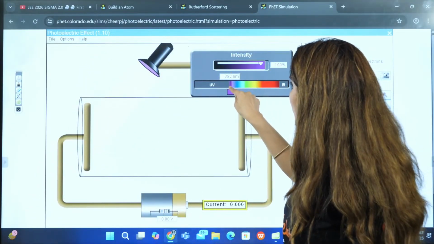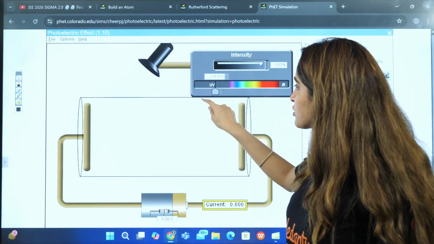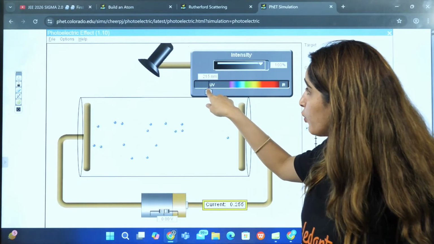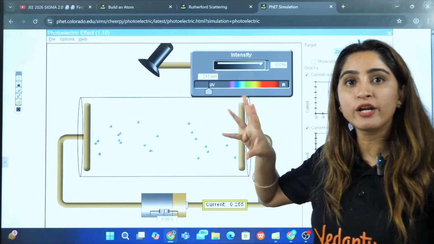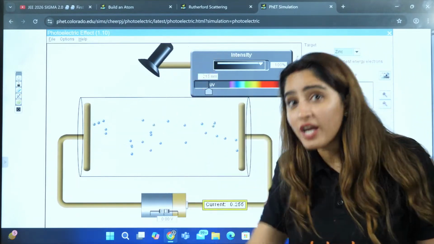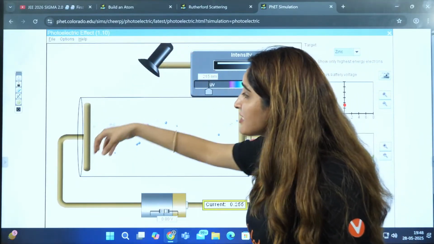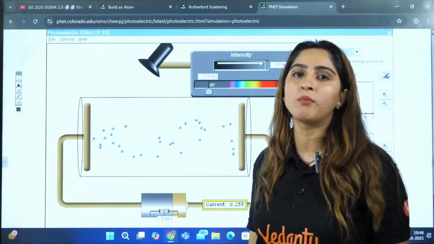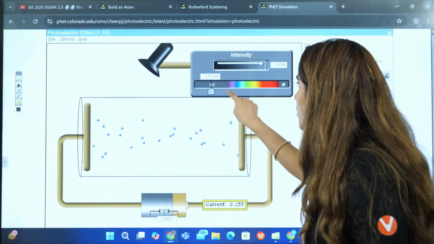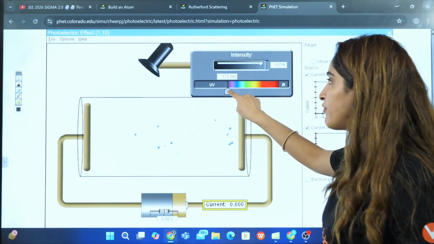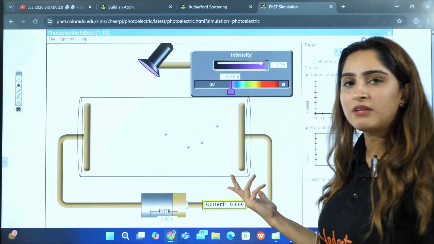So this also you have to increase. Now we are giving it UV of 215 nanometer wavelength. Now energy is increasing. That's why with this UV range, it is able to take out electrons even from zinc, right? Now, if you decrease the energy, nothing is happening.